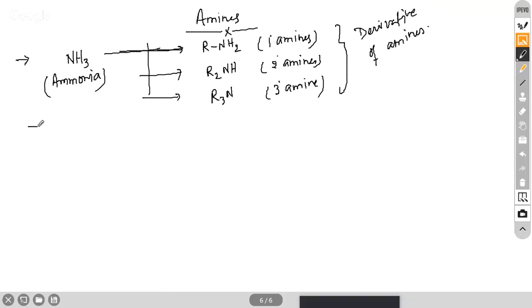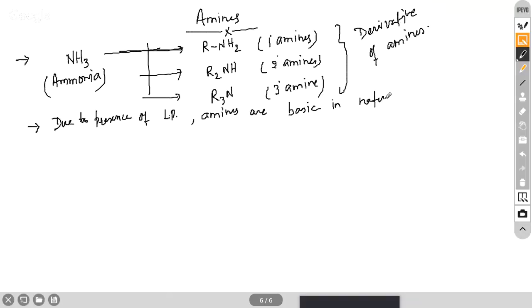Okay, preparation and reactions. First point in this, write down: due to the presence of a lone pair, amines are basic in nature.